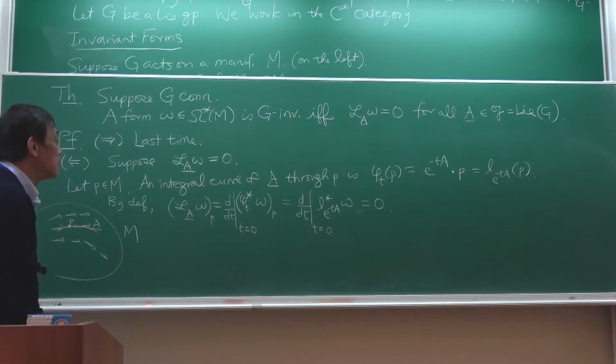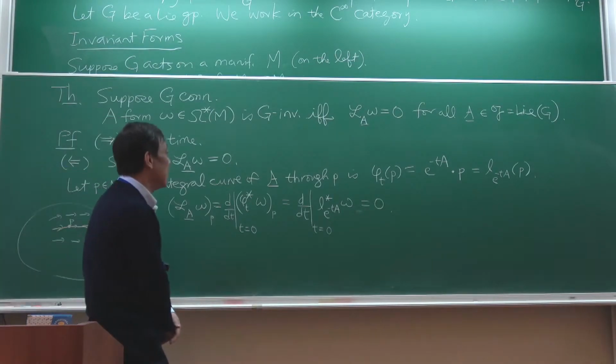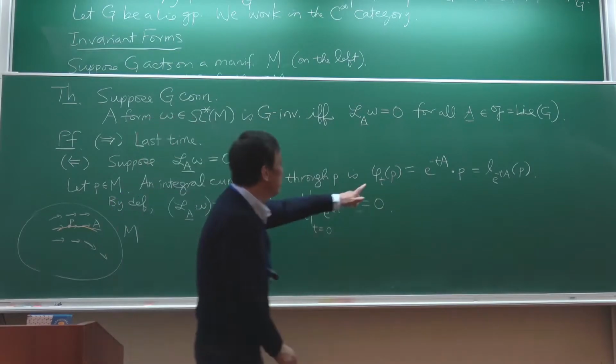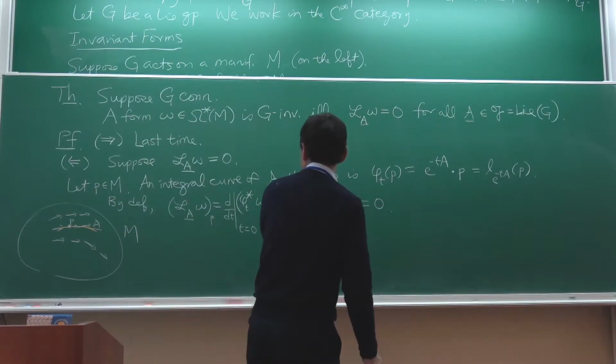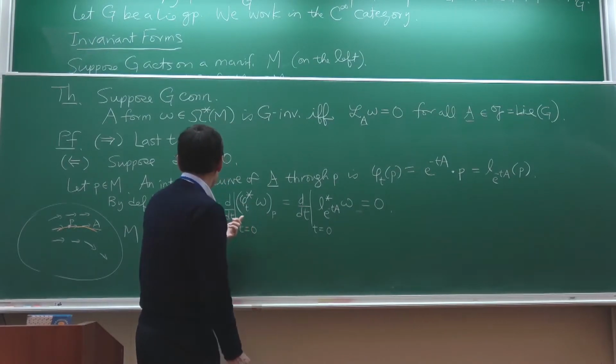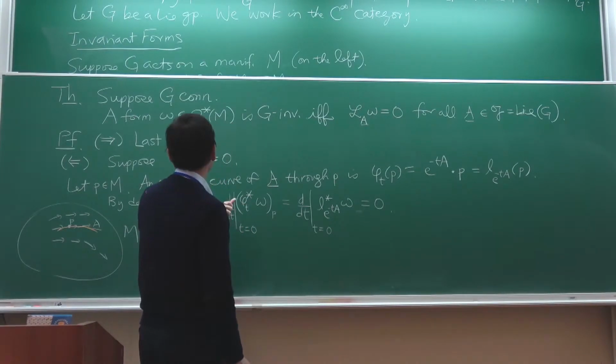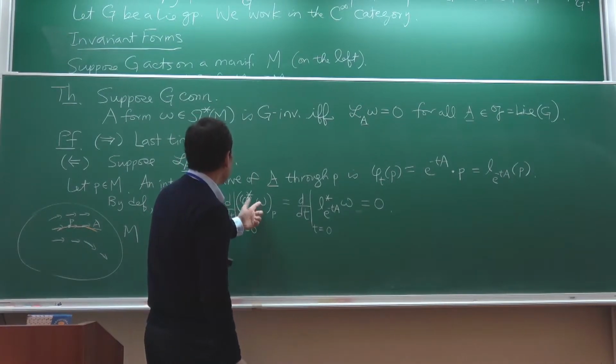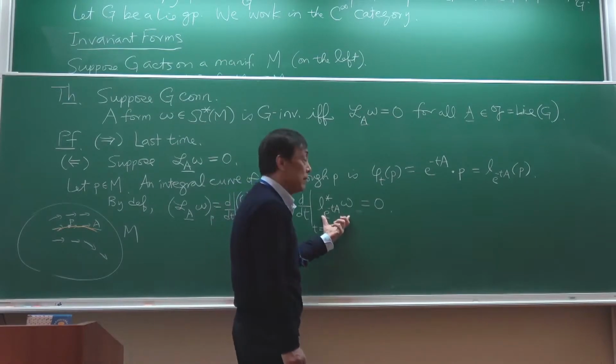Now, what we'd like to show is that omega is left invariant. So we'd like to show that this is constant.